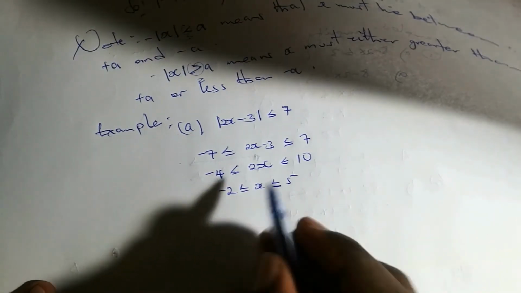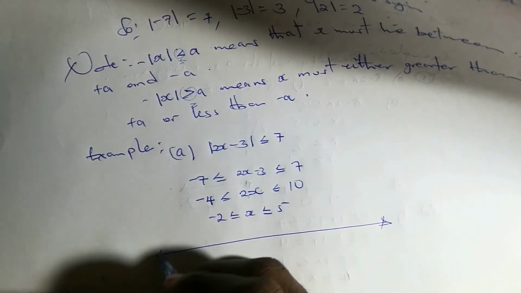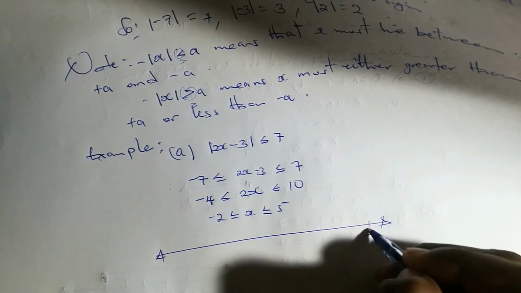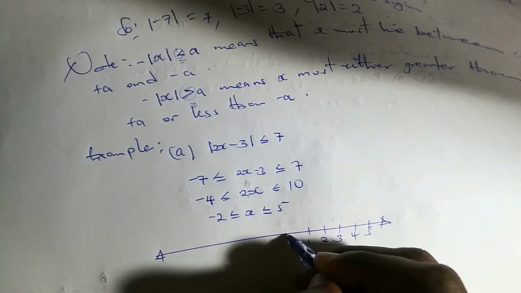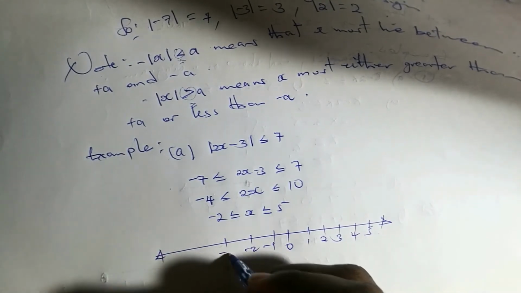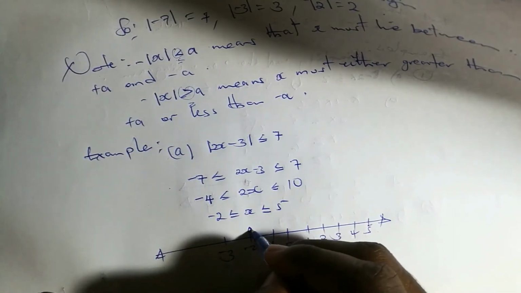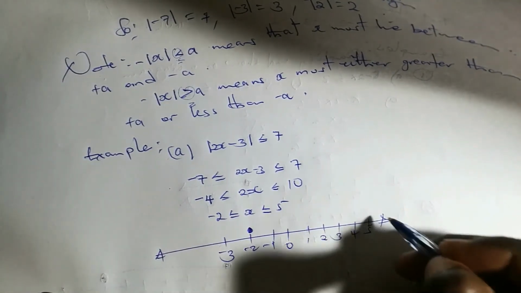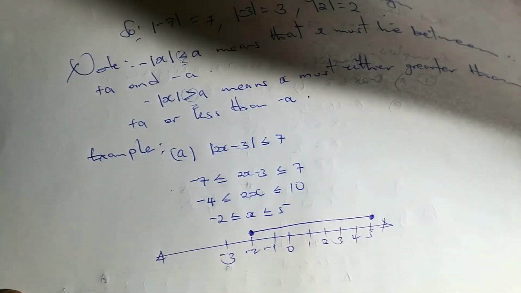Showing that on a number line, we have 5, 4, 3, 2, 1, 0, -1, -2, -3. On -2 it is closed because of the equal sign, then on 5 we also have a closed one.